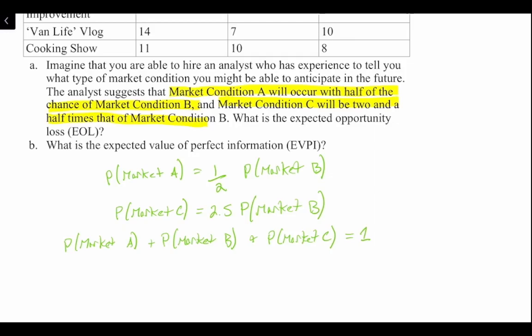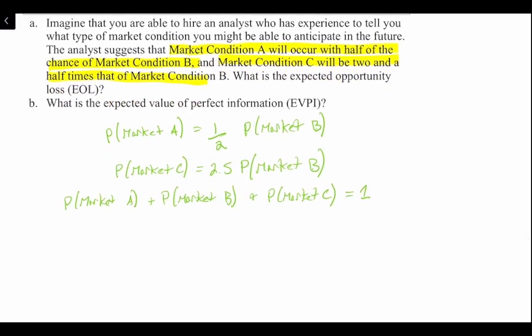Now, one of the things we can do with this information that's given to us is rewrite this equation all in terms of market B. So we previously said that market A was equal to 1/2 of market B. So what we have then is 1/2 of market B is equal to market A, right? We said that right here.